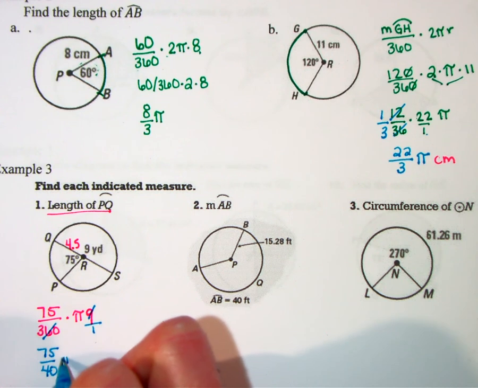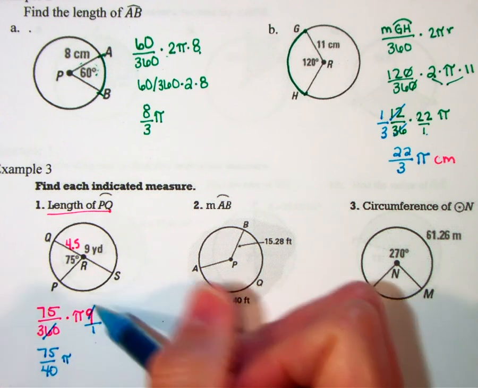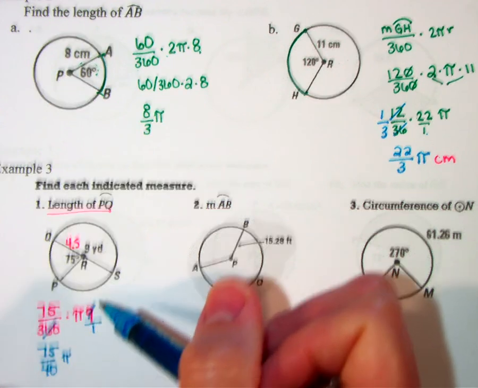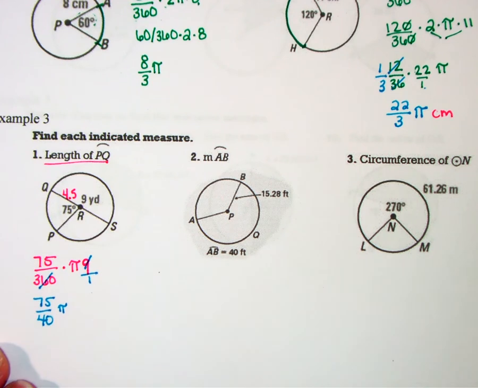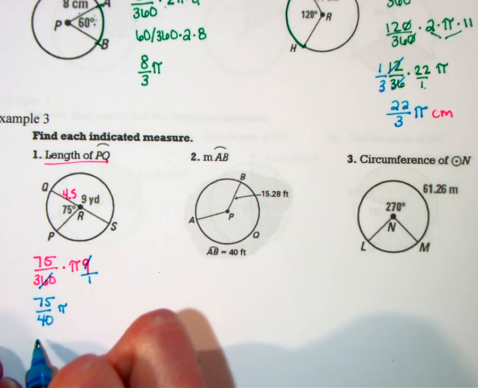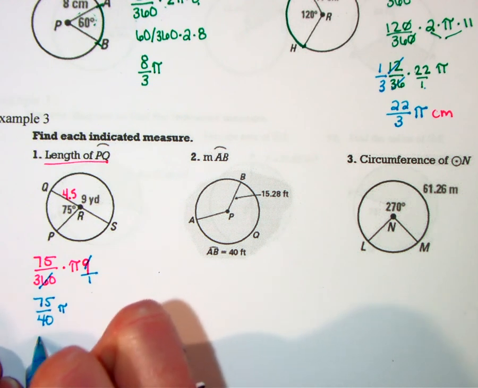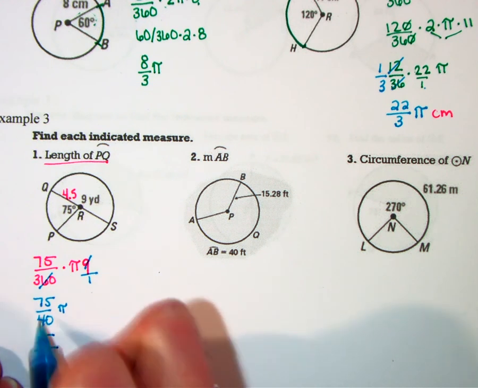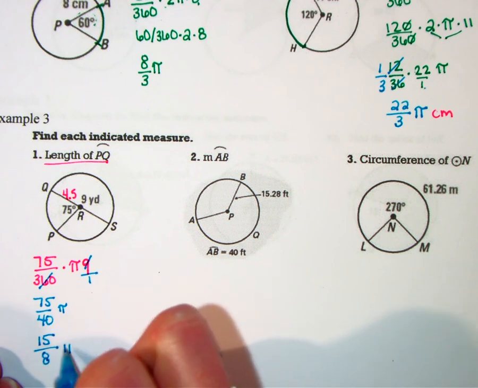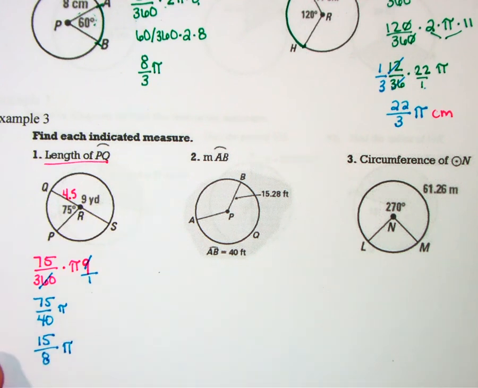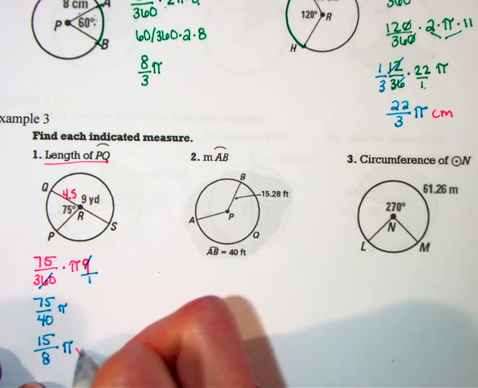And then this part right here would just be 1 over 1, so we're done with that part. And then I would keep reducing here, so reduce them by 5. Okay, so if you reduce 75 by 5, you get 15. Reduce 40 by 5, you get 8, and then pi. And again, if we're giving the exact perfect right answer, this would also have yards.